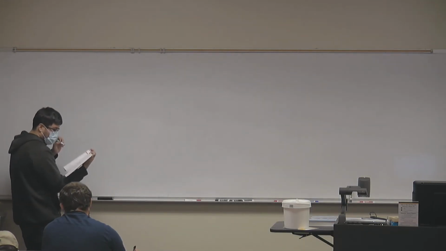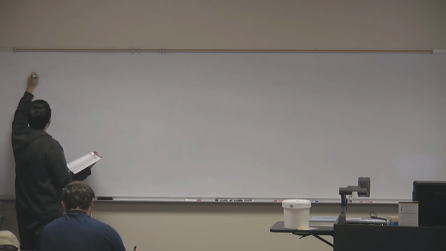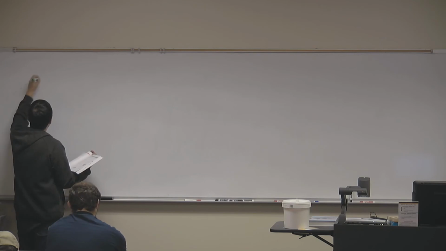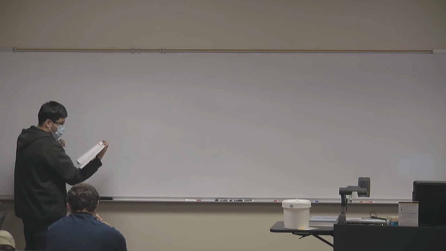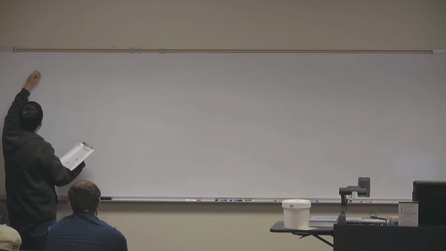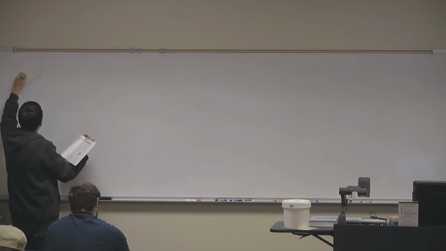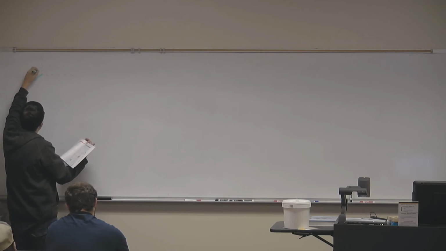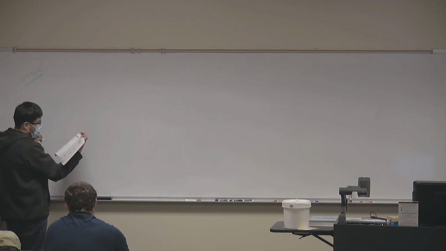Essentially, it's a three-dimensional figure in X, Y, Z space. I'm going to draw my x-axis, my y-axis, my z-axis. I have a pipe that is 0.3 meters long along the x-axis.